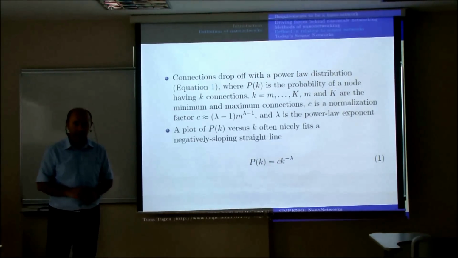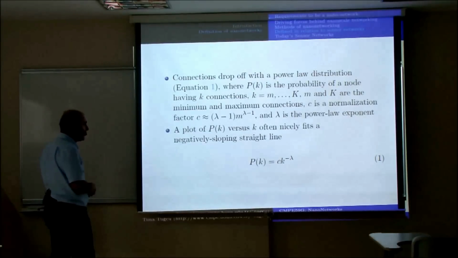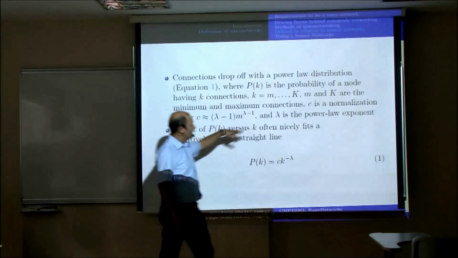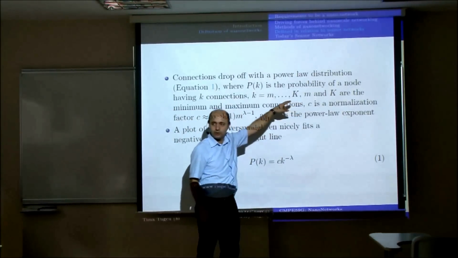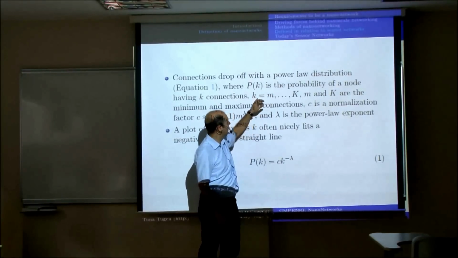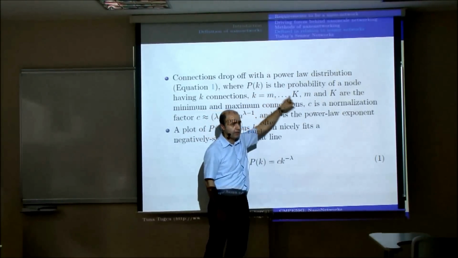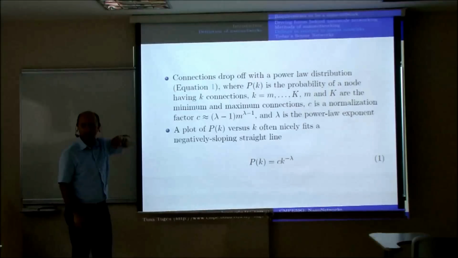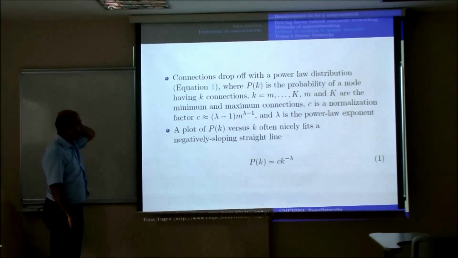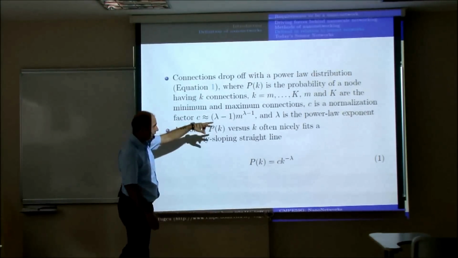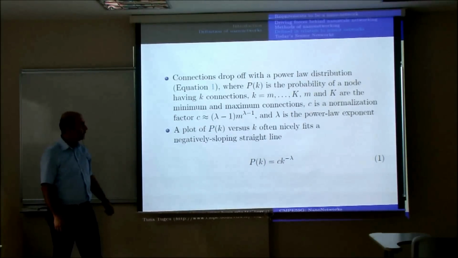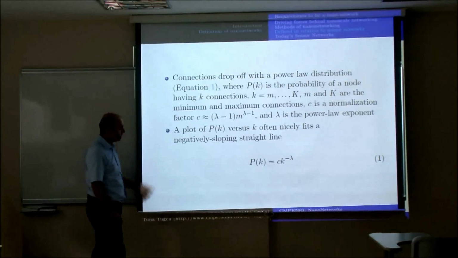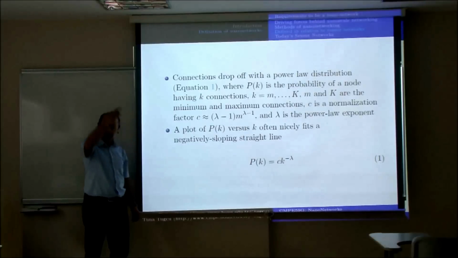If you look at a node which has many connections, let's say k connections, where k is between m and K, the minimum and maximum number of connections, and c is a normalization factor, and lambda is the power law exponent, then if you plot P(k), the probability of a node having k connections, it fits a negative sloping straight line.